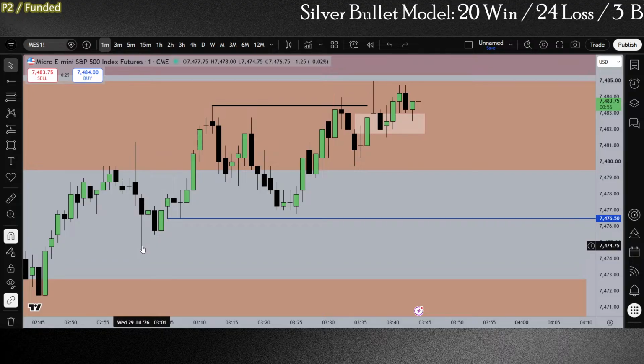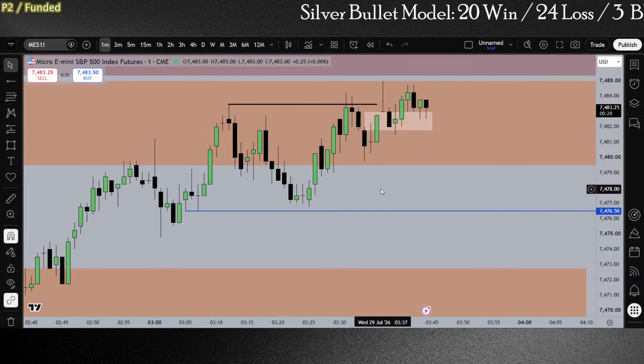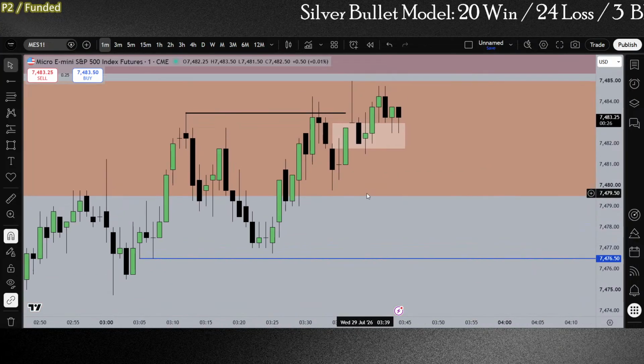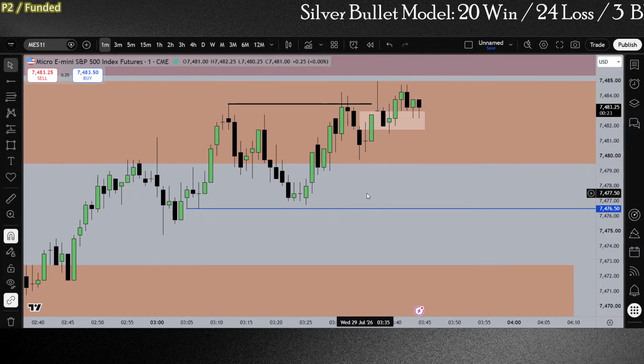So basically from the low to the high of this hourly candle's range, we moved barely 10 handles in a very unorganized manner with lots of consolidation, overlapping candles, and little to no imbalances being formed. So it is what it is, I guess.